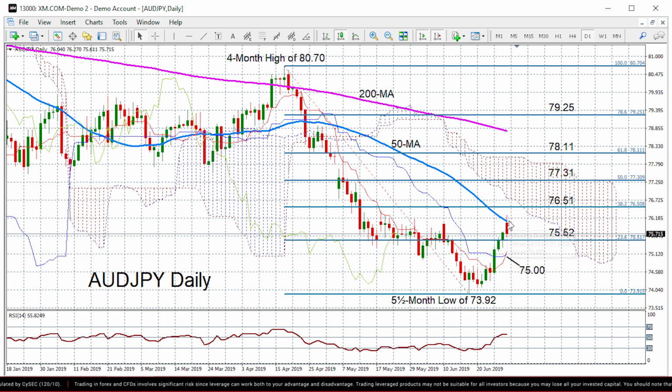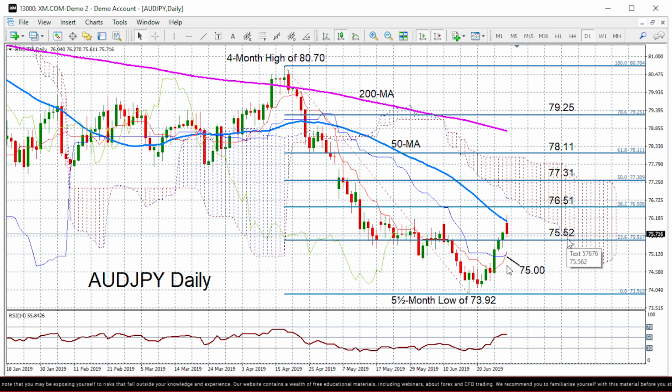So if that resistance holds, we could see prices heading back down again, with immediate support coming from the 23.6% Fibonacci retracement of the downlink from 80.70 to 73.92. So that level is around 75.52.